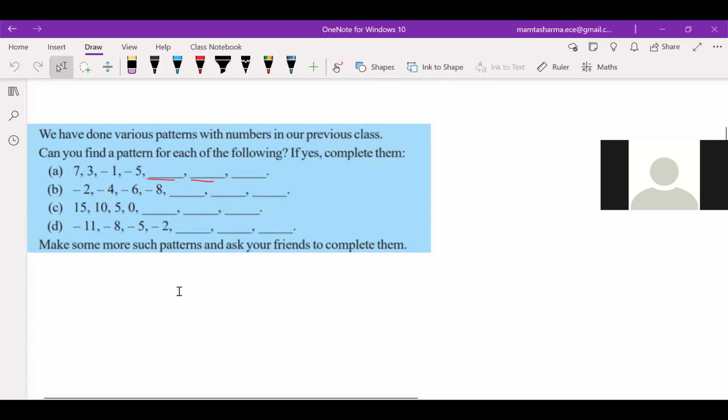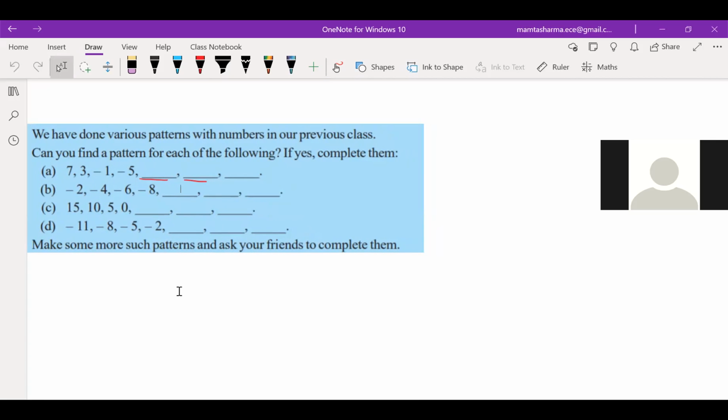Listen carefully. We have the numbers 7, 3, minus 1, minus 5. A pattern means every next number is somehow related to the previous number. If I see 7 and 3, what is the difference between 7 and 3?